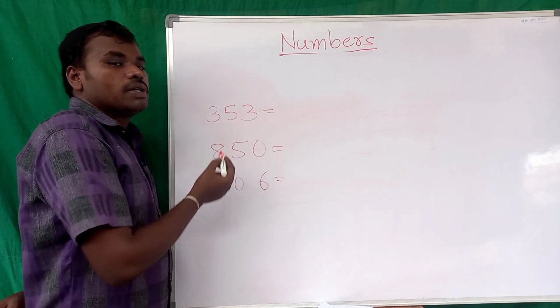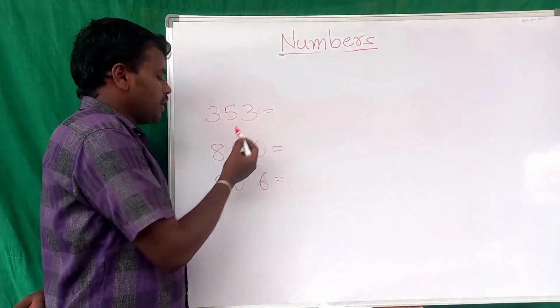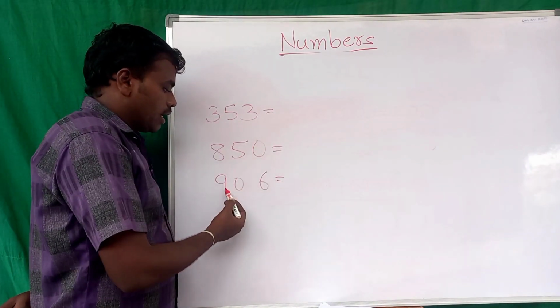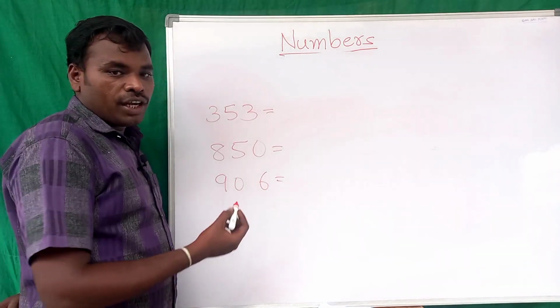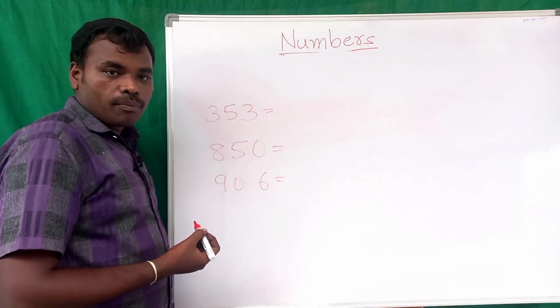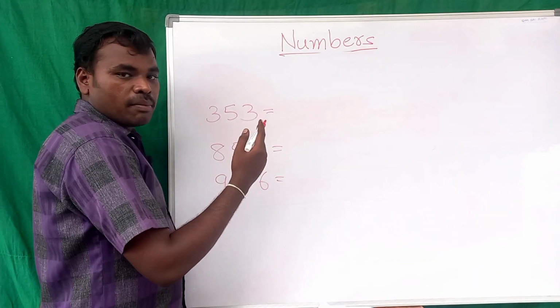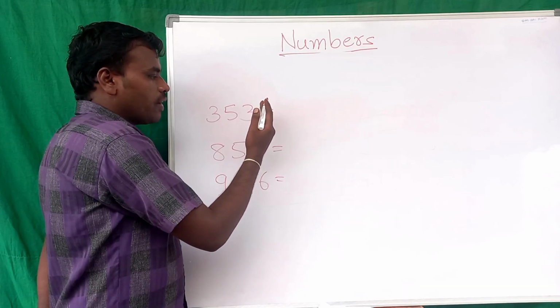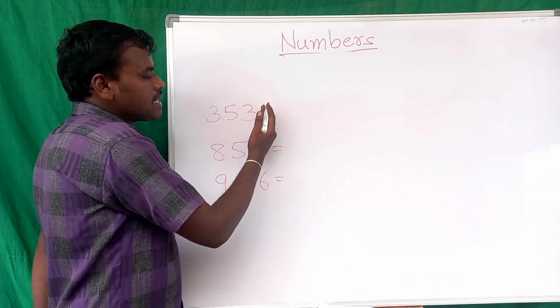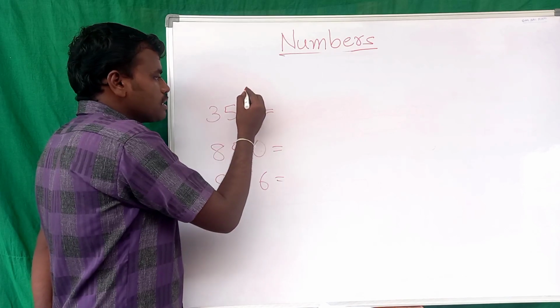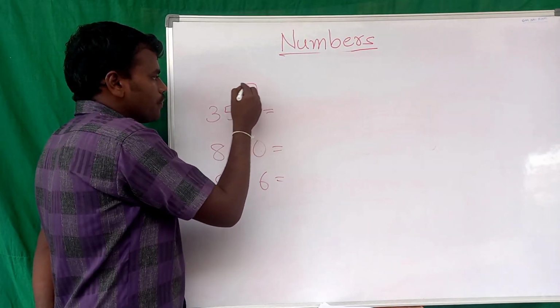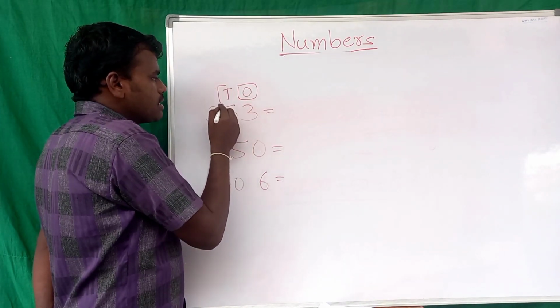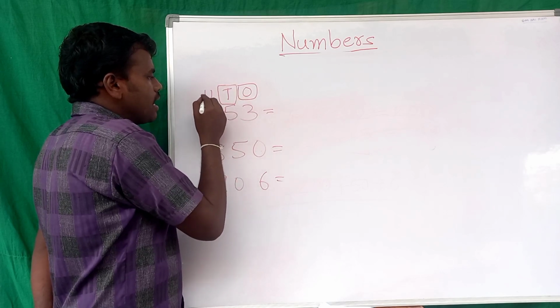Here we have three numbers: 353, 850, 906. We need to write the expanded form. Always remember one thing: we read the place values from right side to left side. This is the ones place, this is the tens place, and this is the hundreds place.